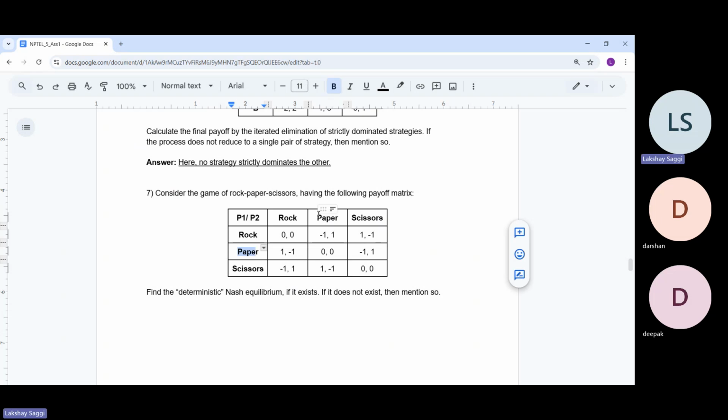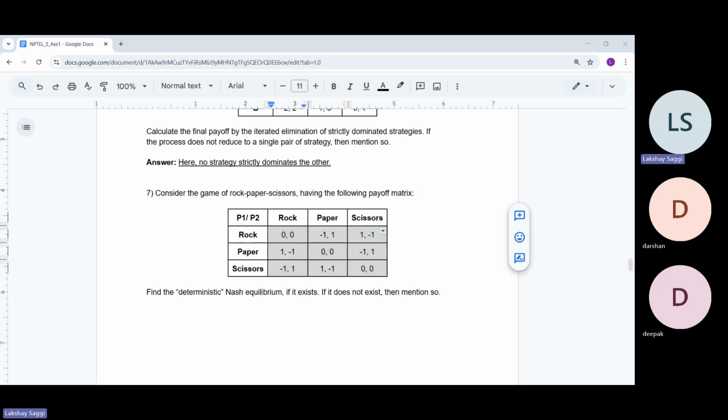There are three strategies for the row player and three strategies for the column player, so there will be 9 strategy profiles, 3 cross 3. Out of these 9 strategy profiles, is one of them a Nash equilibrium, or is there no Nash equilibrium?